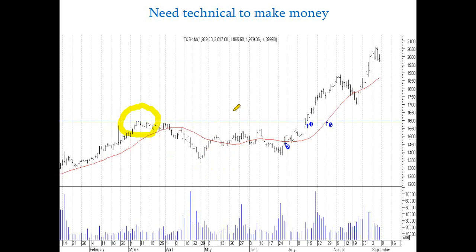This stock then again fell, and then it broke this particular resistance with good volumes, almost all-time high volumes. We can also see that the counter has broken above the moving average with huge volumes. So this is a very simple technique of how you can work through technical analysis in the markets.